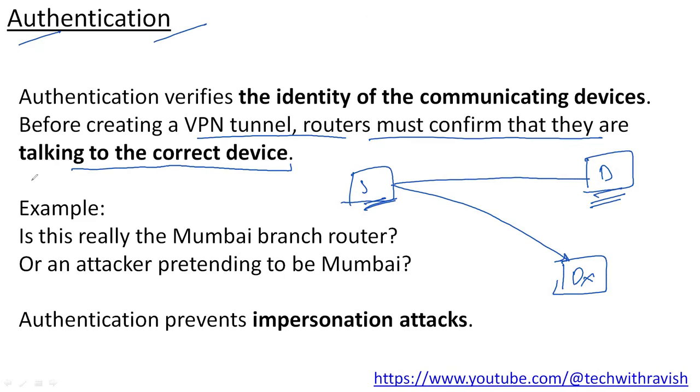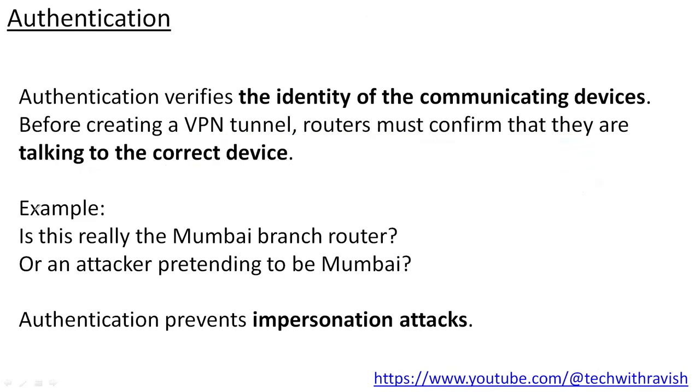Like we discussed in our previous example, the security rules will verify whether the location is the Mumbai branch or whether an attacker is pretending to be Mumbai. We were taking the example of Delhi and Mumbai, right?